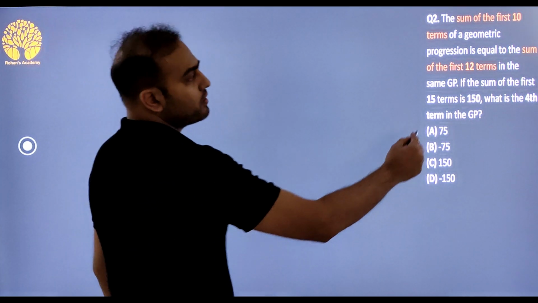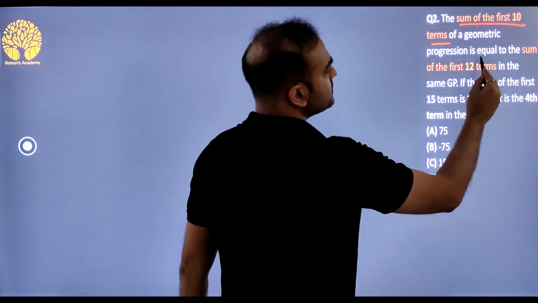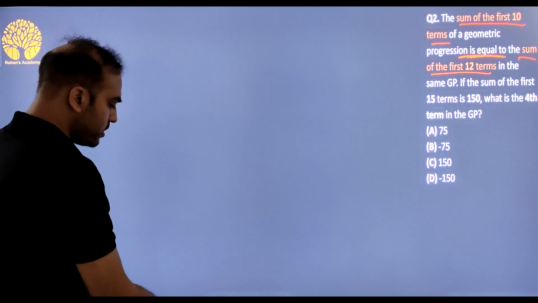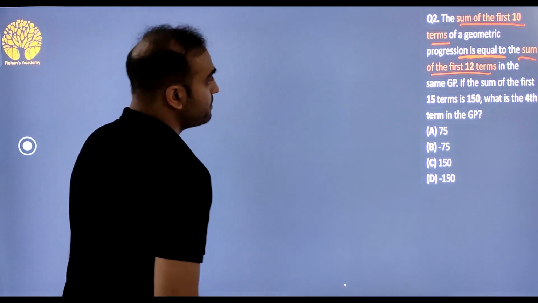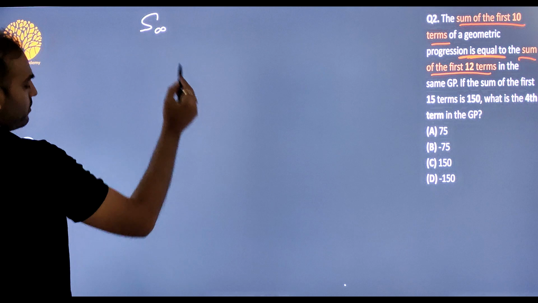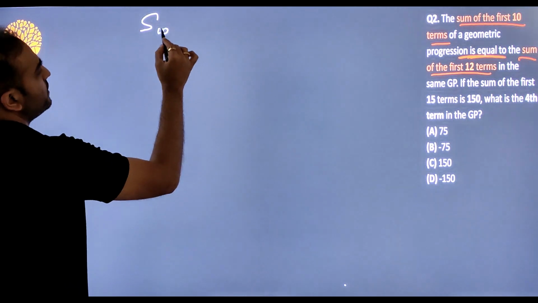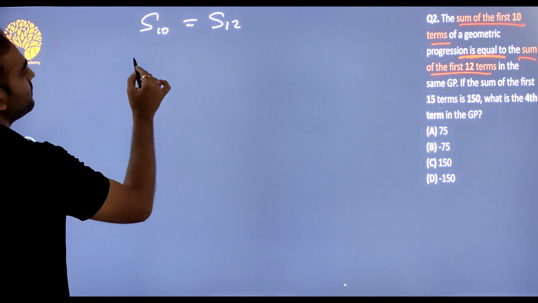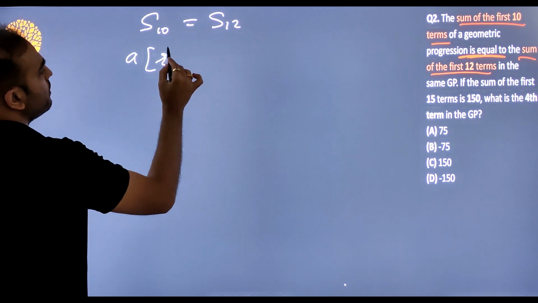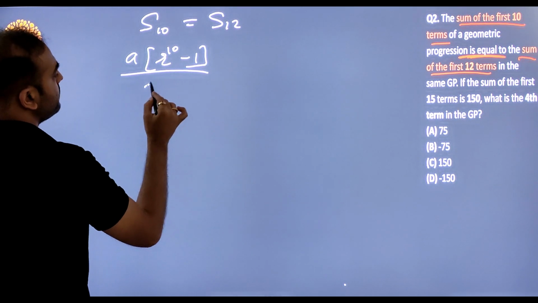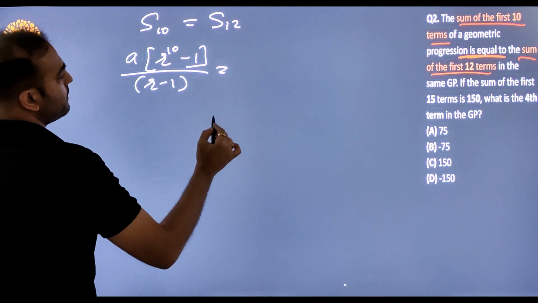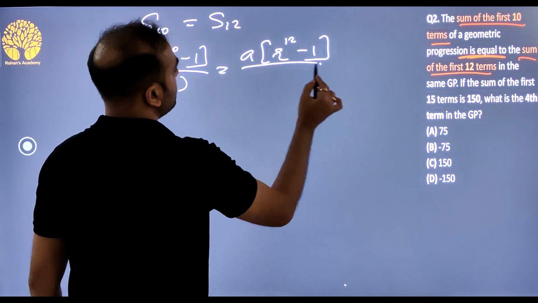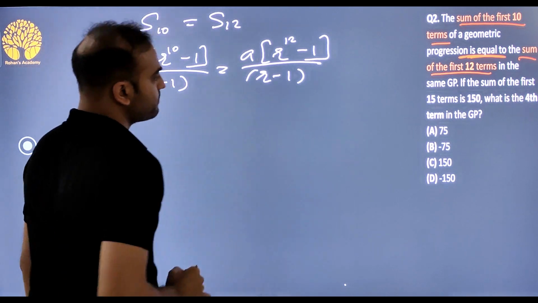Alright. Now we have the sum of the first 10 terms equal to the sum of the first 12 terms. Okay. No problem. We simply write it down. Sum of first 10 terms is equal to sum of first 12 terms. If we apply the formula, A into (R power 10 minus 1) by (R minus 1) is equal to A into (R power 12 minus 1) by (R minus 1).